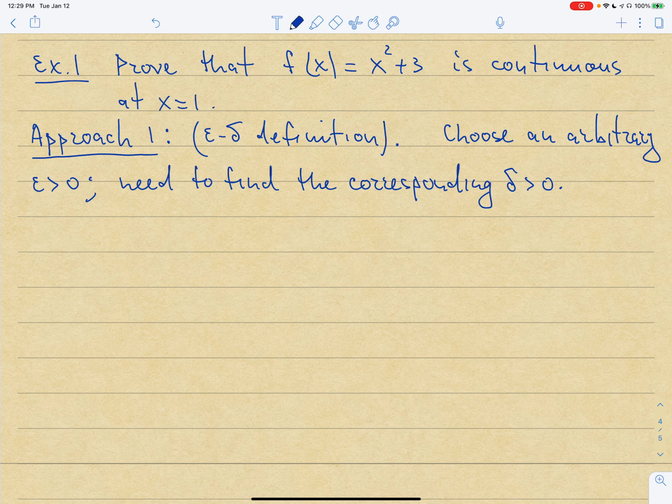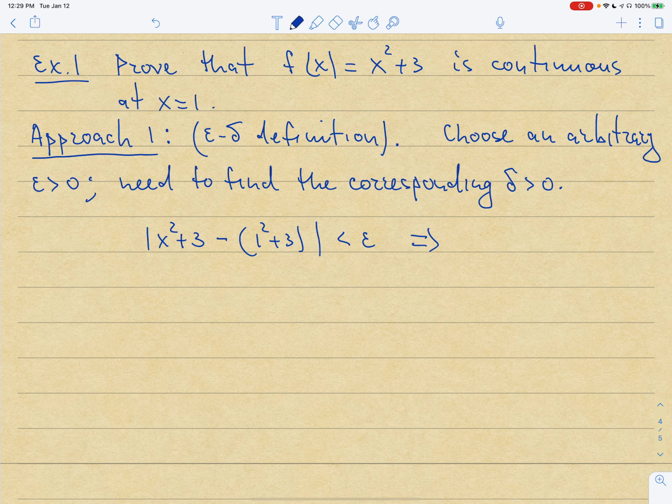Okay, so what do I want? I want x squared plus 3, right? I'm trying to prove continuity at 1, so I want that minus 1 squared plus 3 to be less than epsilon. Okay, what does it mean?